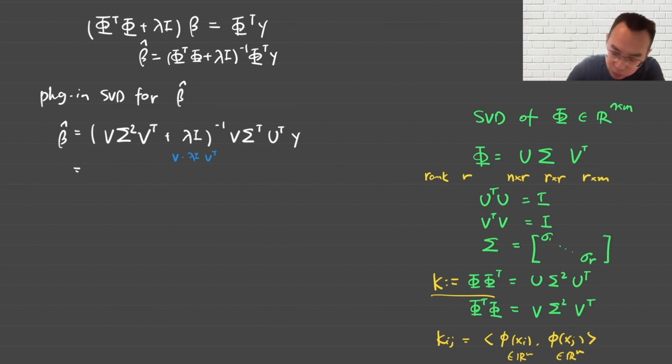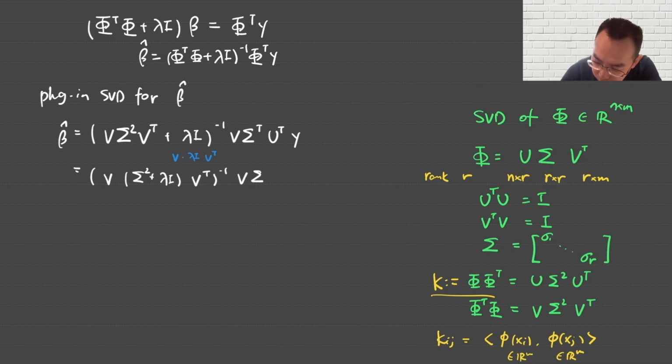Then we can merge these terms together as V sigma square plus lambda I V transpose, inverse, V sigma is diagonal, so it's symmetric, U transpose Y.